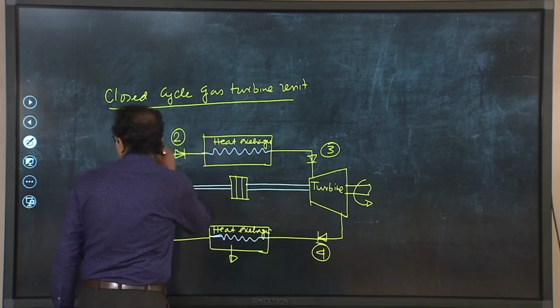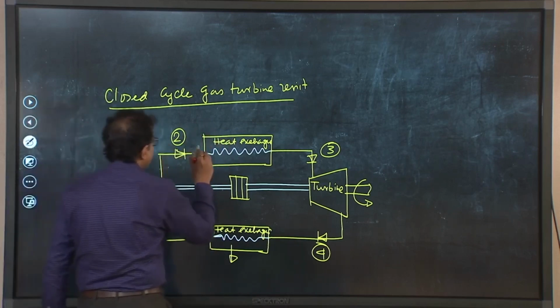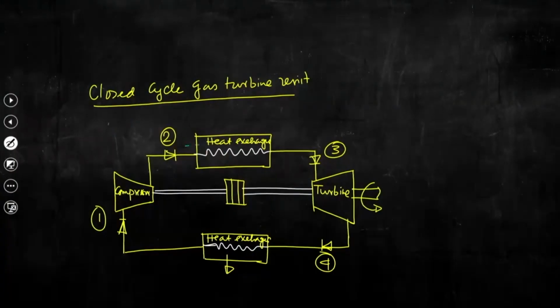So, what will happen, if I try to draw here, maybe there will be another circuit through which high temperature working fluid stream will be allowed to pass, and in the primary circuit the working fluid will absorb that heat, and upon receiving that heat or energy to be precise, working fluid temperature and pressure will increase.